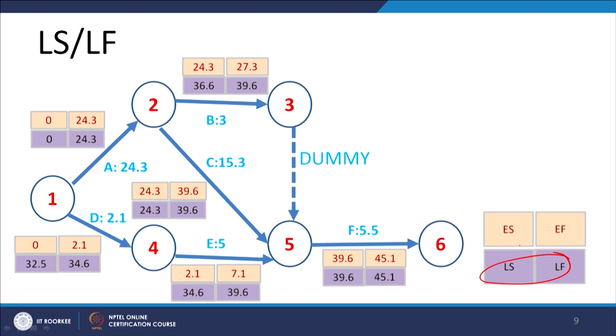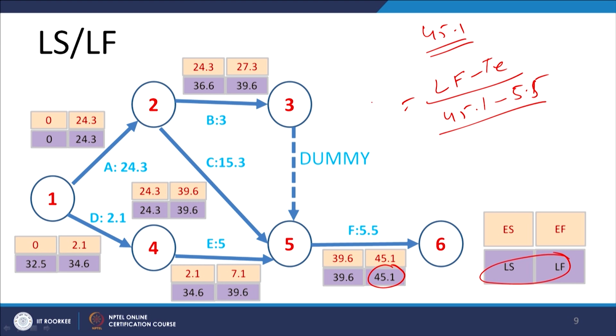If the project is to be completed in 45.1 units of time, then by what magnitude can it be delayed at the most, meaning activity F can be delayed maximum to which value. That we can calculate from LF minus the expected time to complete. LF here is 45.1 minus the time to complete this activity, 5.5.